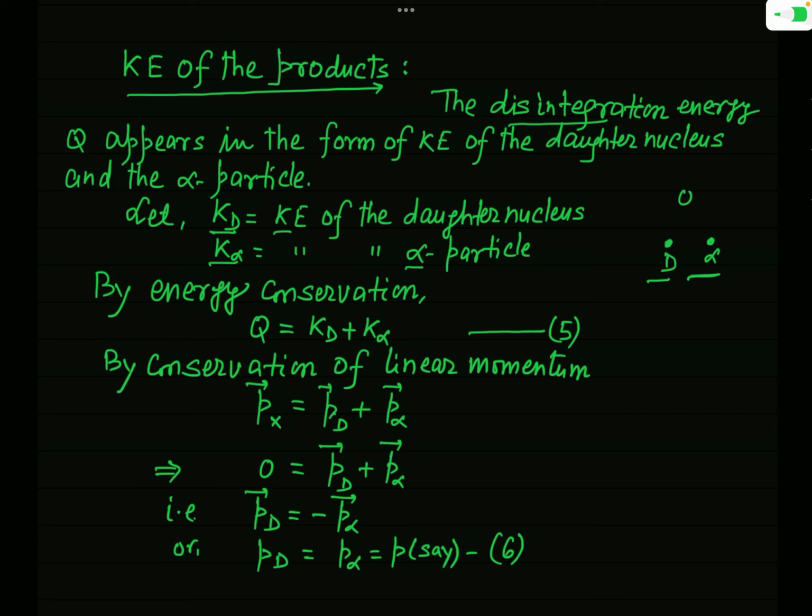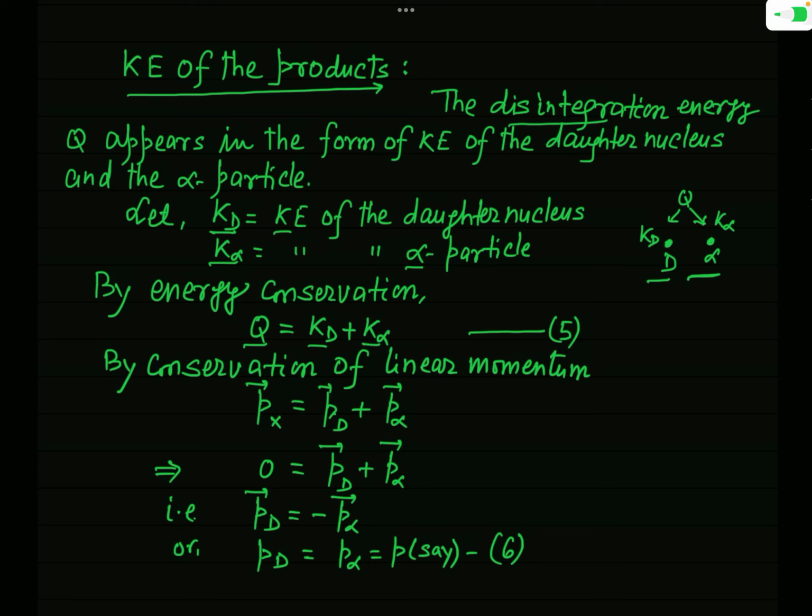Since Q has been divided in two parts, one part appears as the kinetic energy of the daughter nucleus, another part appears as the kinetic energy of the alpha particle. So according to energy conservation, Q will be equal to Kd plus K alpha.